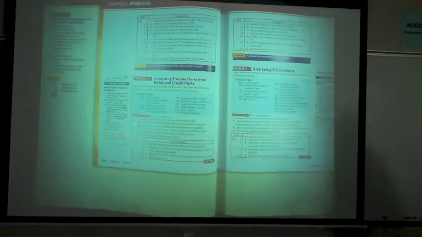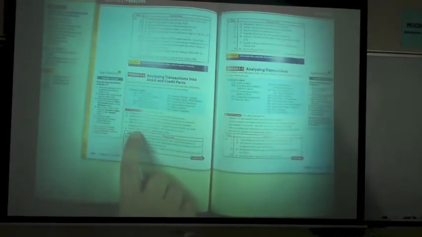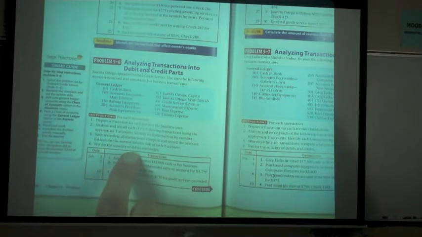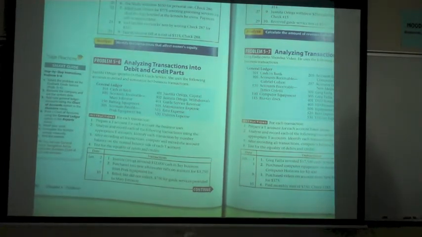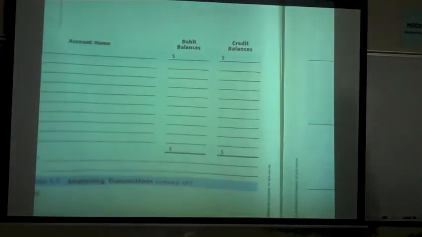A couple of other things to note regarding 5.6 and 5.7. Both of them have one additional instruction down here that we haven't seen so far, and that is test for the equality of debits and credits. If you turn in your workbook to page 46, I'm going to back up just a little bit here.